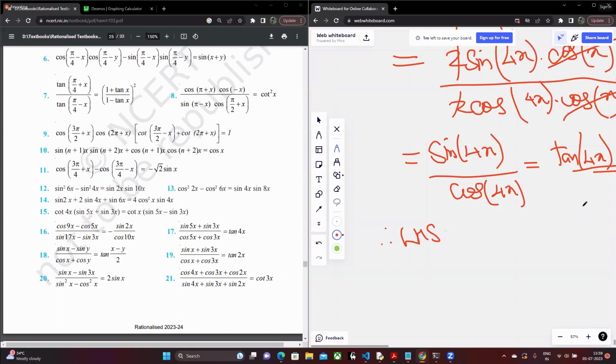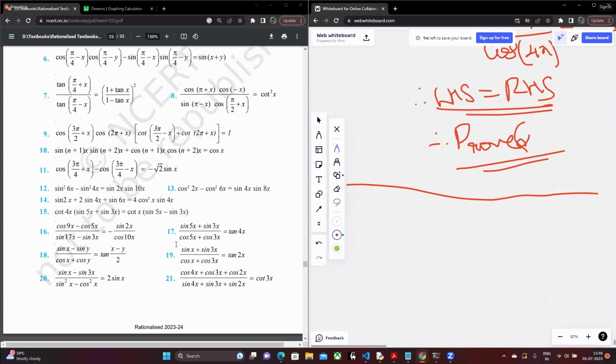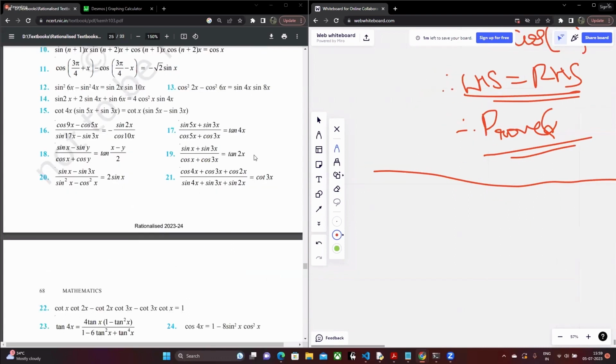So 17 questions are done. Now you're left with what? Here is 25, and then there's 10 in this page. So 17 is done. Going to question number 18: (sin x minus sin y) by (cos x plus cos y) is tan of (x minus y) by 2.